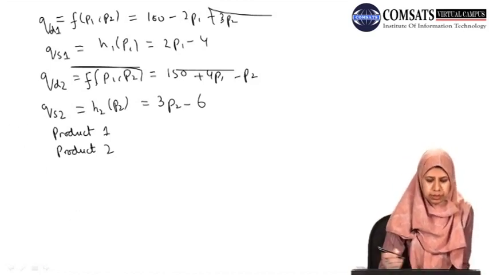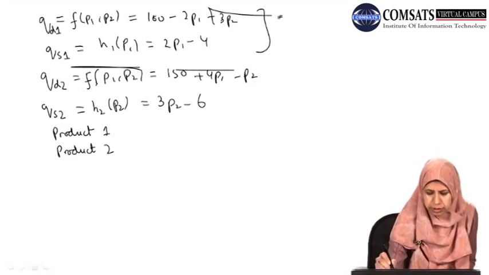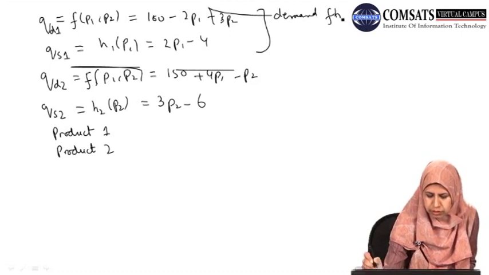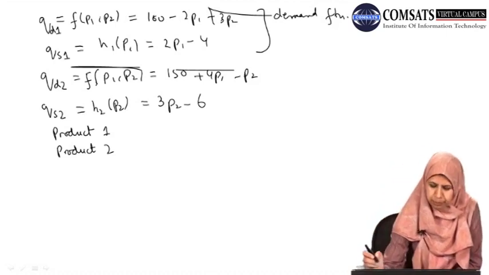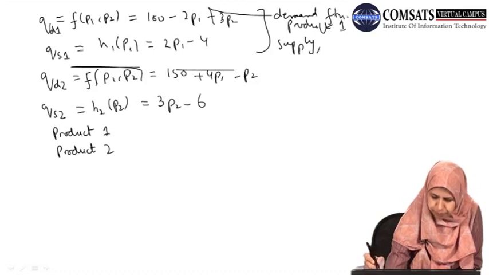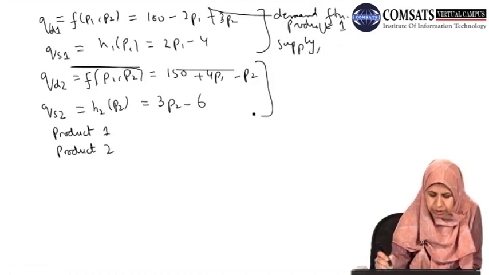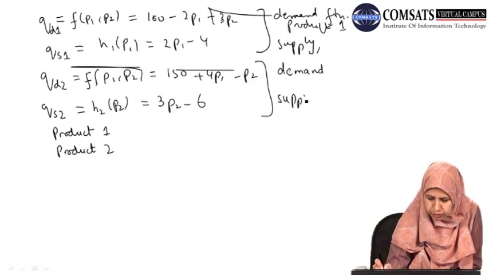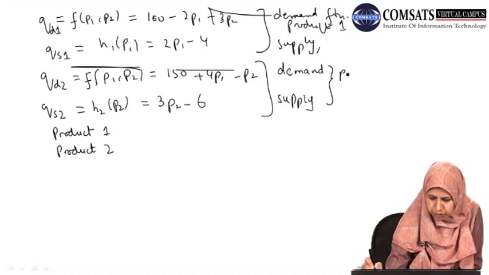QD1 is the demand function of product 1, and supply function of product 1. Now the second set is the demand function and the supply function of product 2.